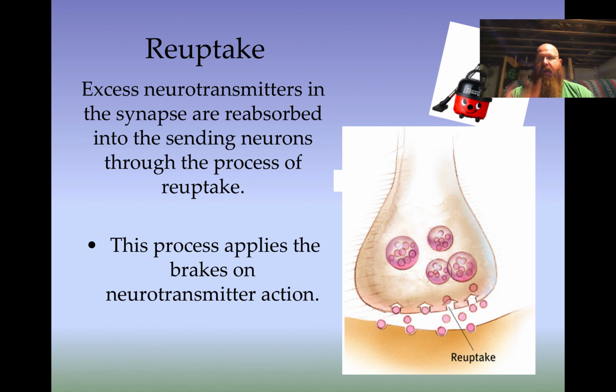If reuptake doesn't occur, these are still going to be floating through there, so you'll have random firings of this cell. Reuptake brings everything back into the synaptic vesicles to wait until the next firing. So I did want to mention reuptake.